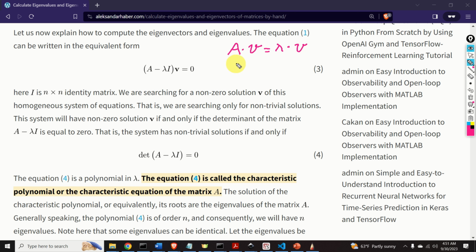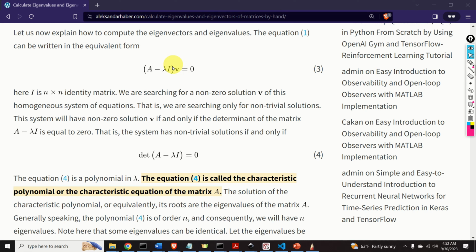From this equation, we obviously obtain A minus lambda times the identity matrix, multiplying v, is equal to 0. From this equation, we can see that the eigenvector is actually in the null space of this matrix, A minus lambda I.